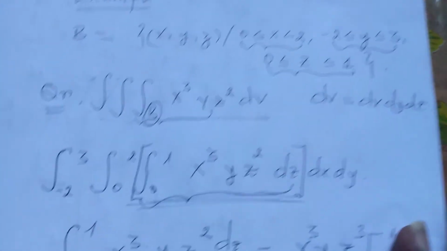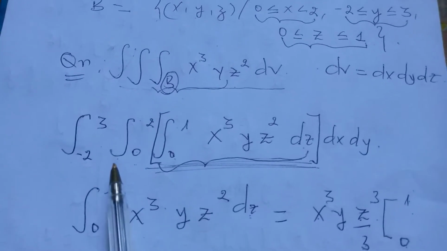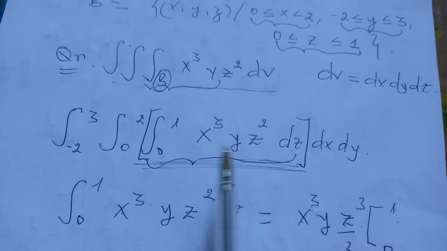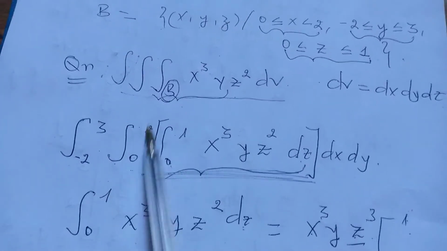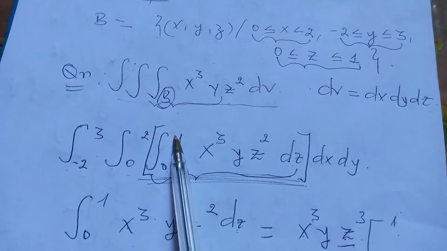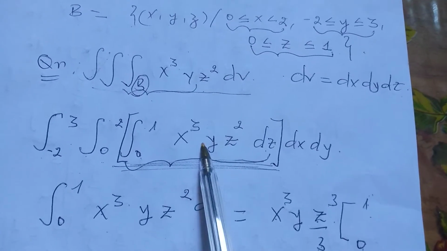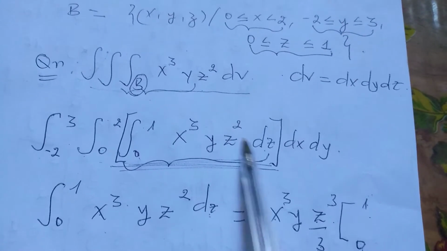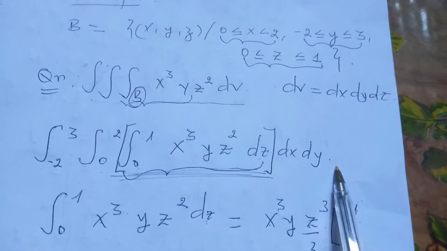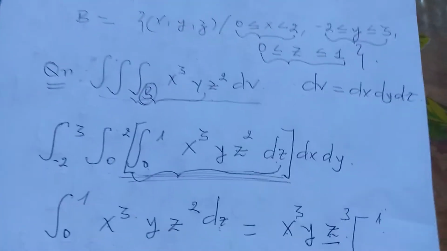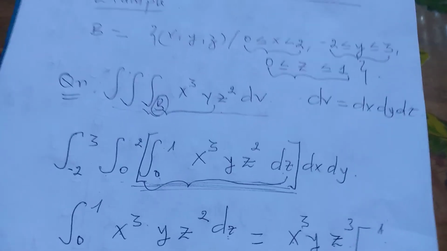Here we write the equation this way: the integral from -2 to 3, the integral from 0 to 2, and the integral from 0 to 1 of x^3 y z^2 dz dx dy.